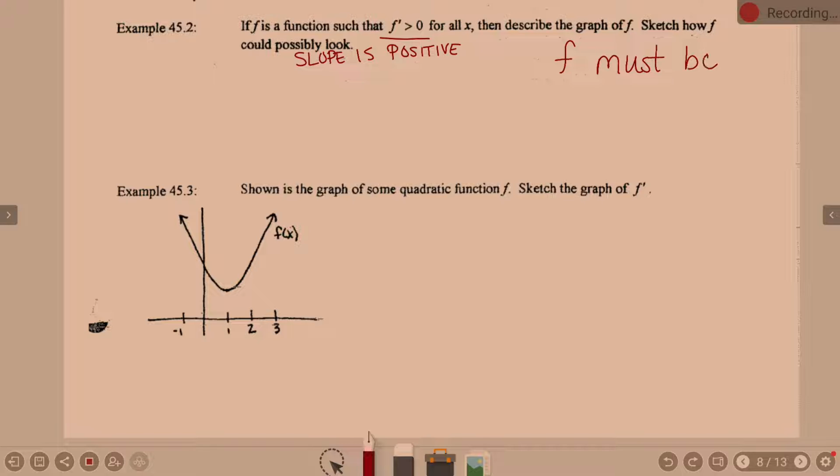And then we'll draw some pictures that are options. So f must be increasing because slope is positive. Okay.